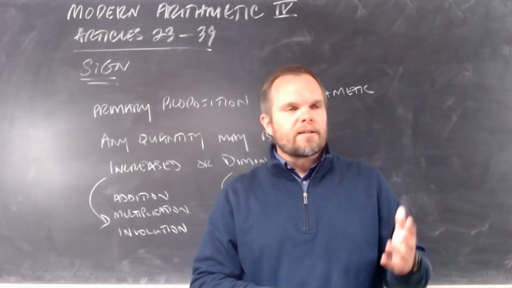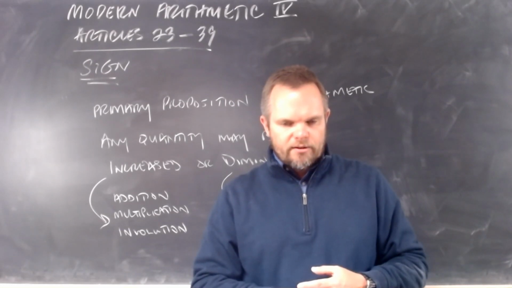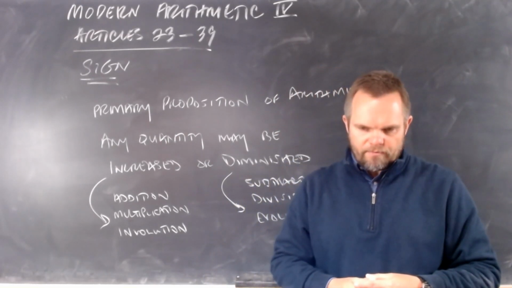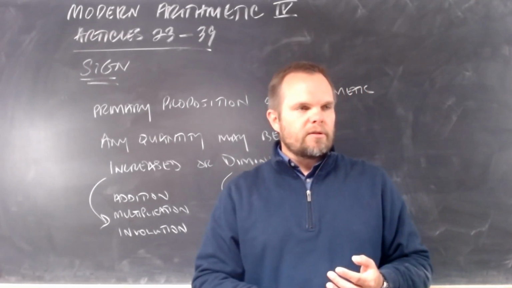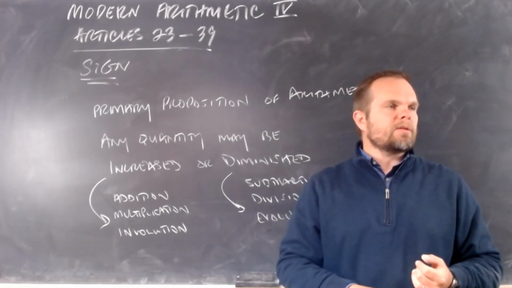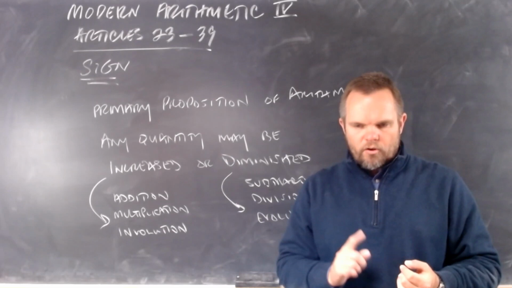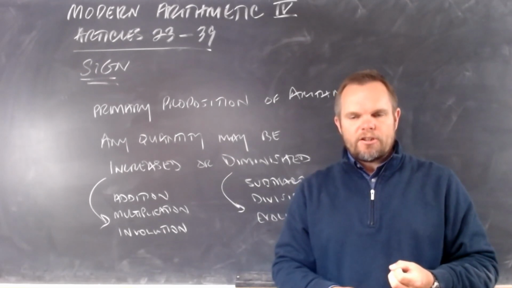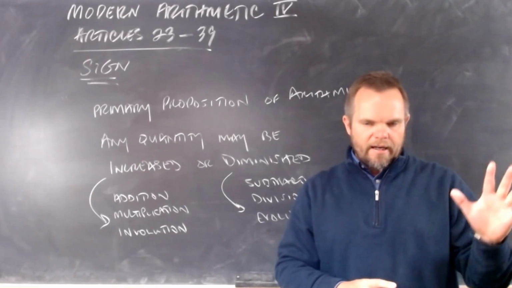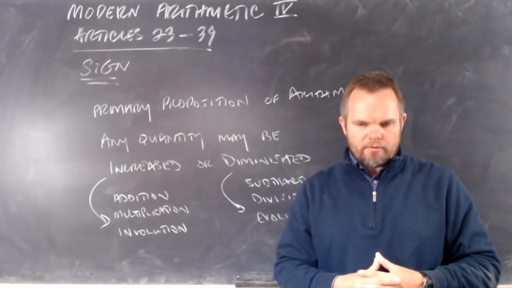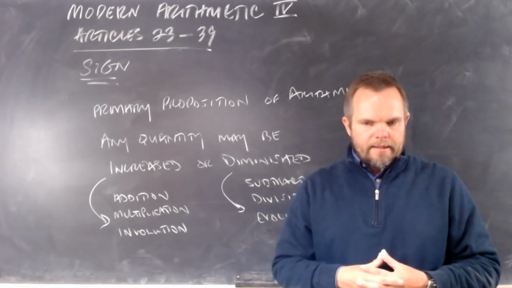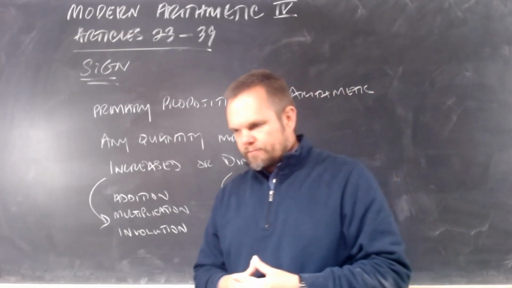So there are 6 fundamental operations in arithmetic. Numeration and notation, or we should say 5. Numeration and notation, let's consider them as one together. Numeration and notation, addition, subtraction, multiplication, and division. 5 fundamental operations of arithmetic. And that brings us to the end of the introduction.